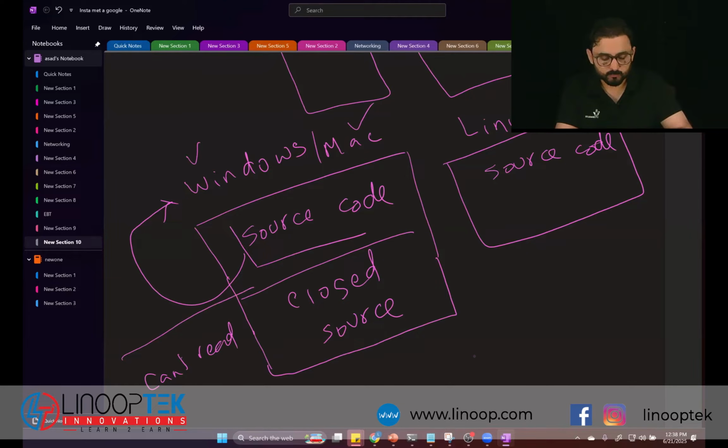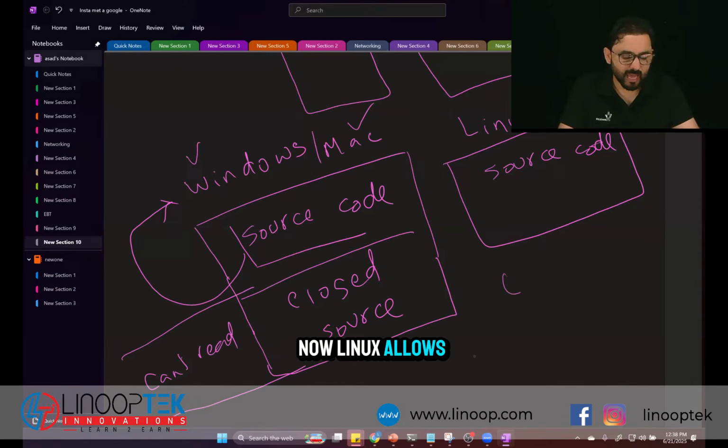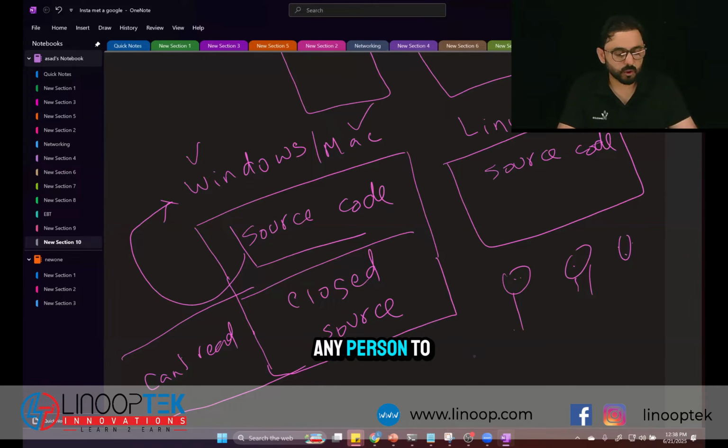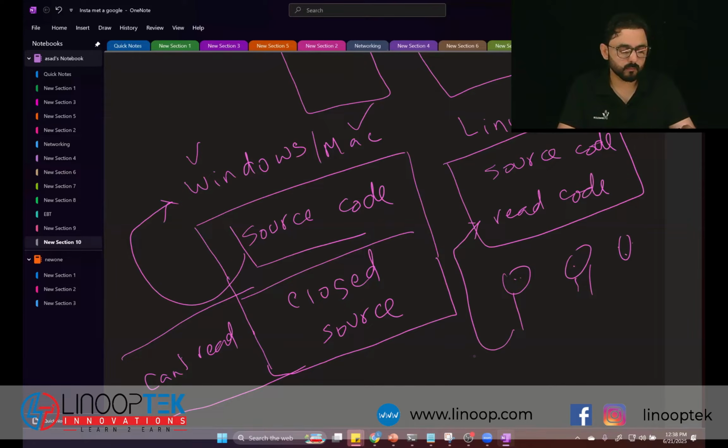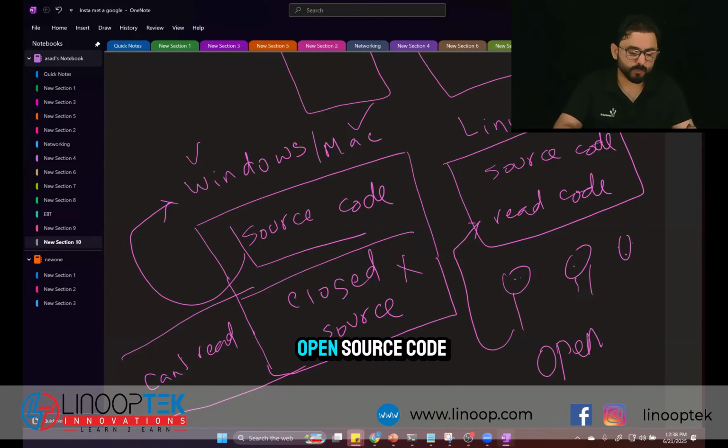Now, Linux allows any person to be able to read this code. So this is closed source code. This is open source code.